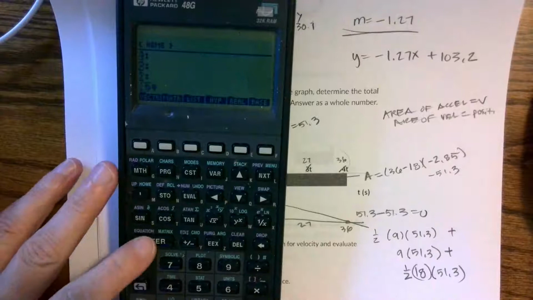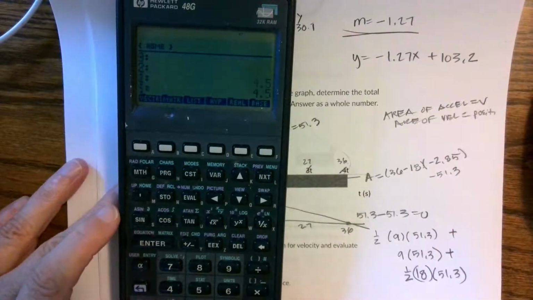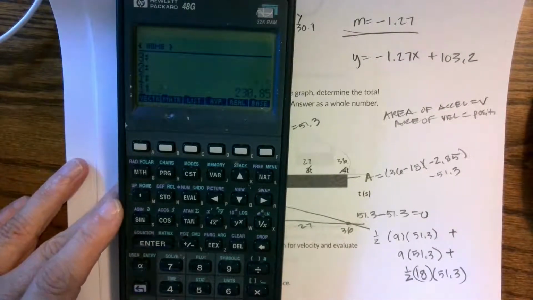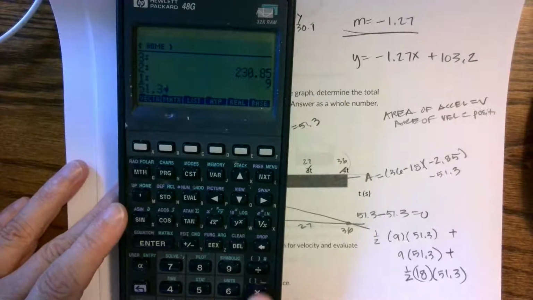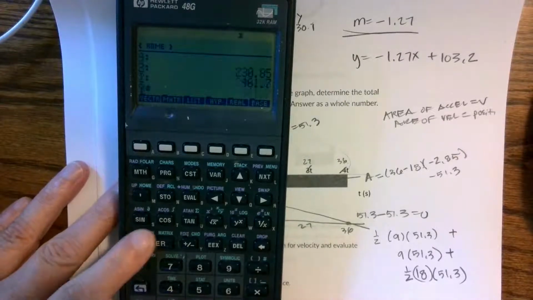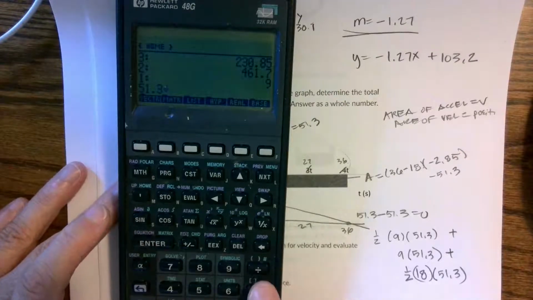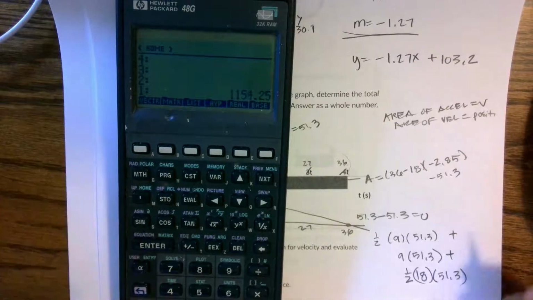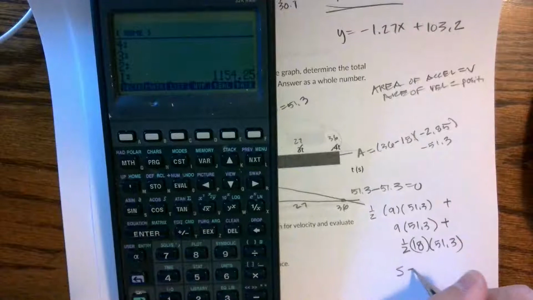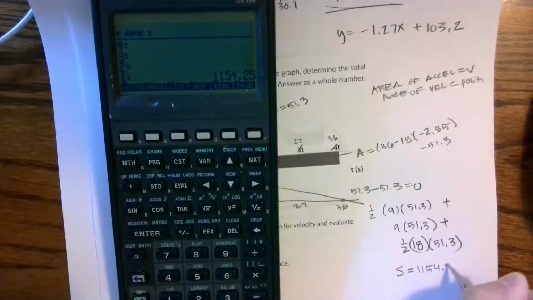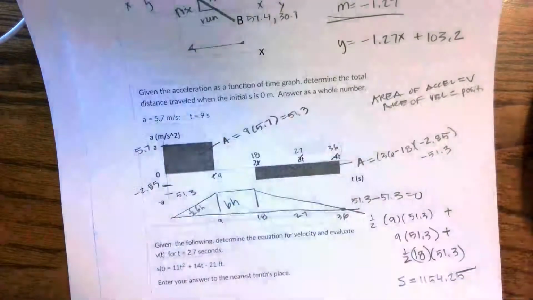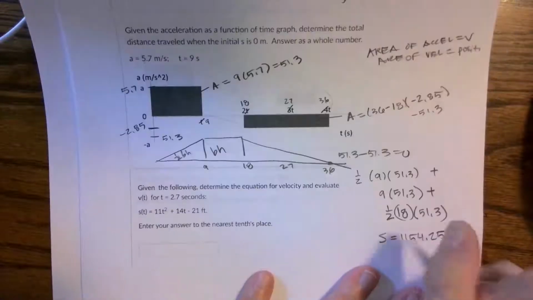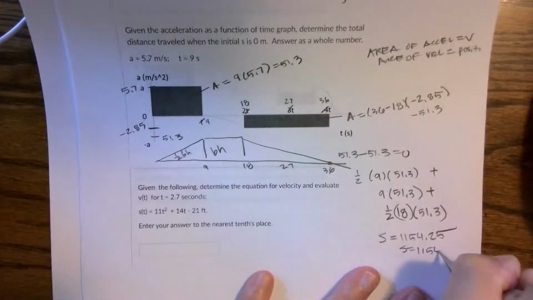So 0.5 times 9 times 51.3, plus 9 times 51.3, plus 0.5 times 9 times 51.3. So my position change is 1154.25. As a whole number, 1154.